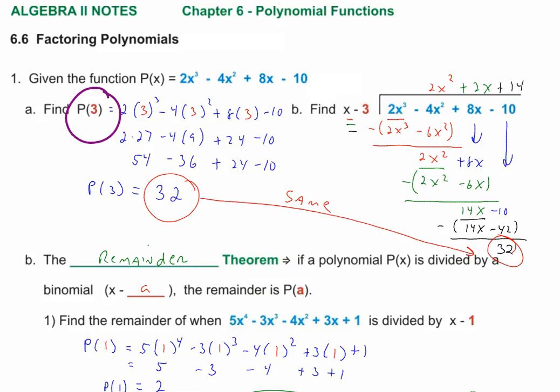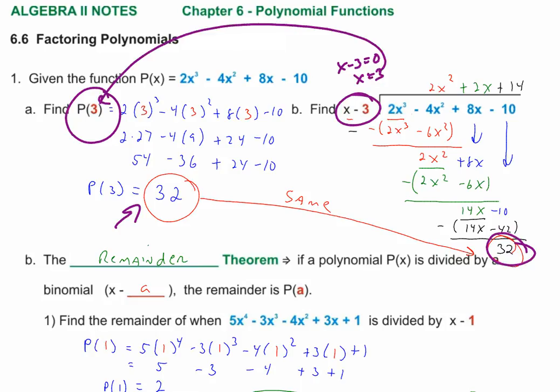Let's do P of 3, and we found that P of 3 equals 32. And then we did long division of this factor, and we found that the remainder was 32. And they matched. And what we found then was an x minus 3, when you set it equal to 0 and solve, is x equals 3, hence the two relate.